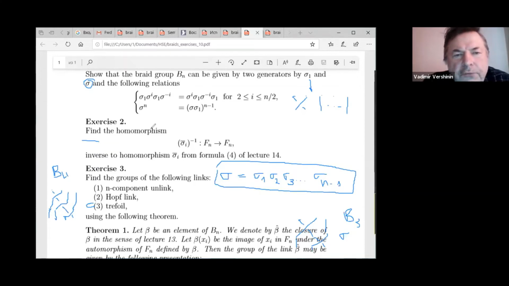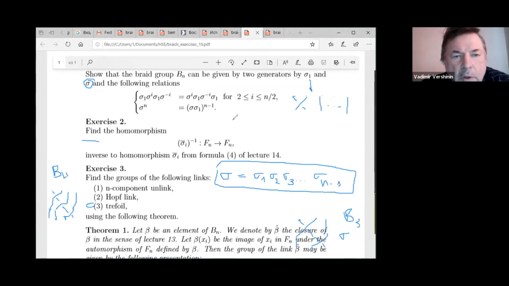I don't want to give all the calculation. It may be too boring, but just to say why these two guys generate the braid group Bn. Here we used very many generators actually, but here only two. For any n, you can take the two generators.